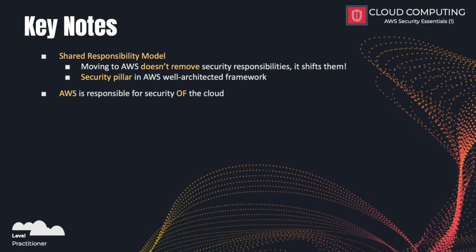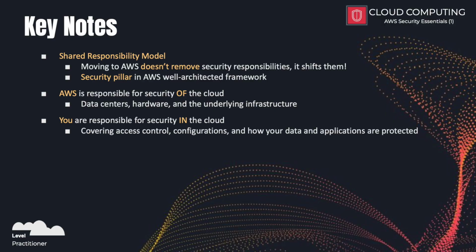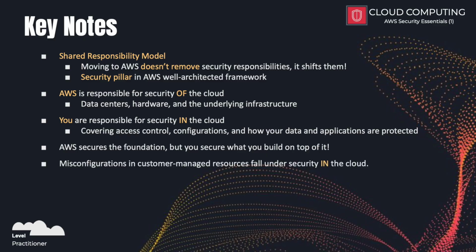AWS is responsible for security of the cloud, including data centers, hardware, and the underlying infrastructure, and you are responsible for security in the cloud, covering access control, configurations, and how your data and applications are protected. AWS secures the foundation, but you secure what you build on top of it. And misconfigurations and customer-managed resources fall under security in the cloud.